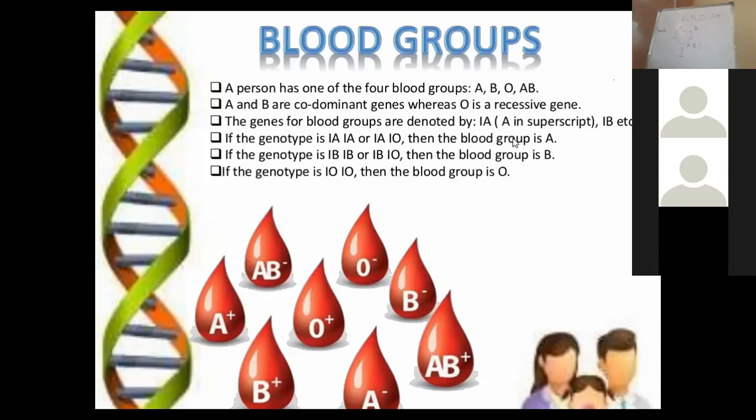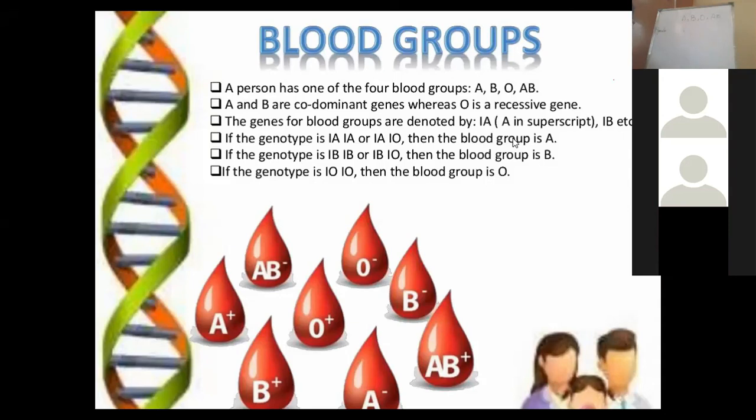The resultant blood group will be AB, right? Even if one of them contributes O and the other gamete has AB, even then this will be AB, right? Because O is always recessive.